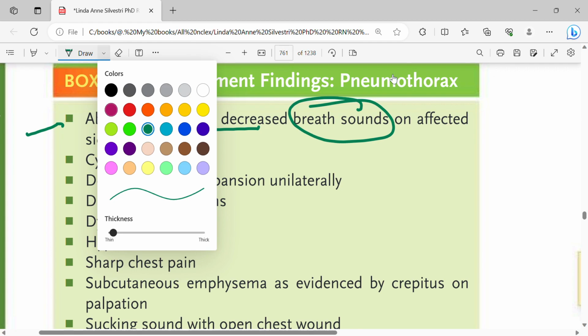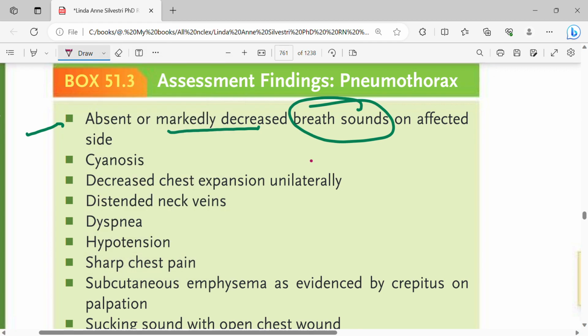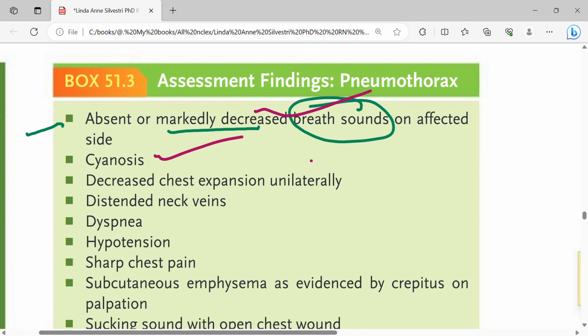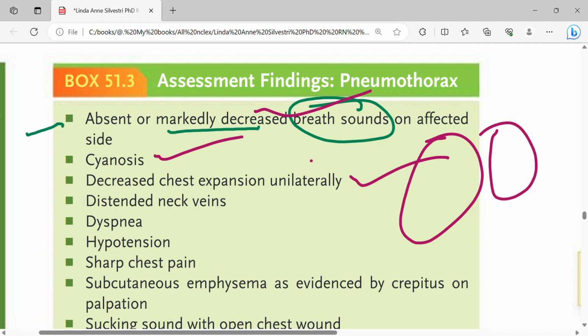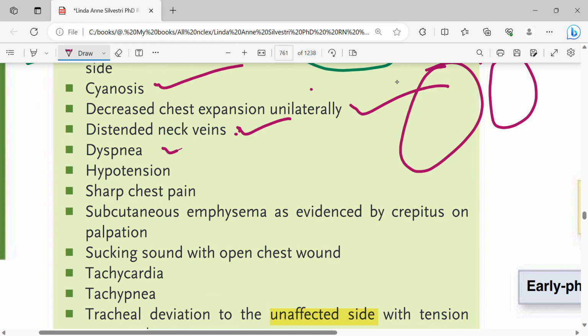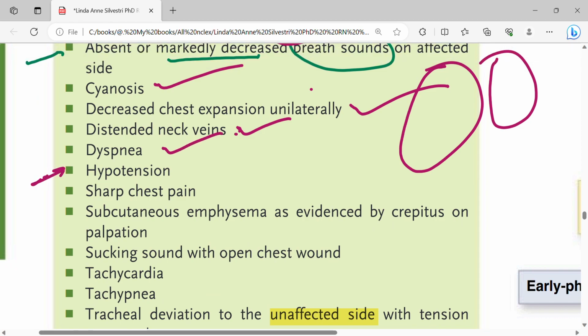We will check for cyanosis and decreased chest expansion unilaterally, where one side of the chest expands fully and the other does not. Distended neck veins, dyspnea, hypotension, and sharp chest pain can be there.